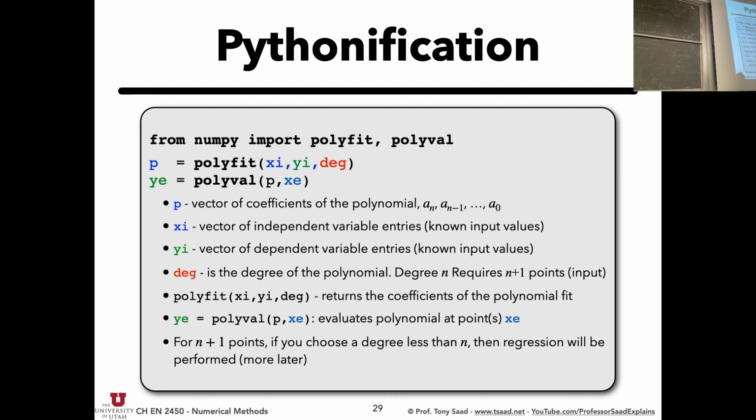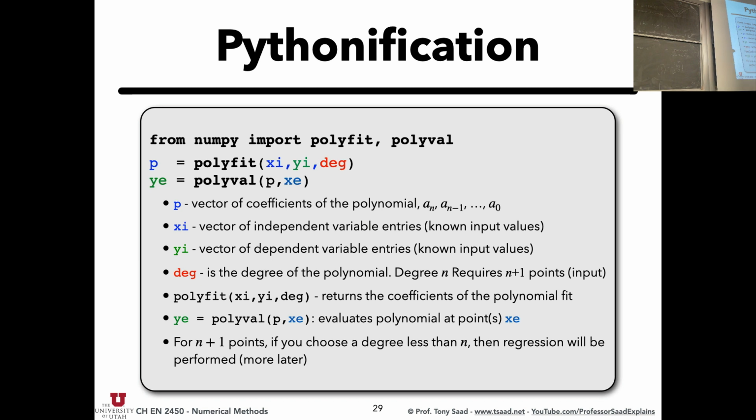Anything other than that is not going to do interpolation. It's going to do something called regression, which we will learn in the next chapter. But for now, you have 50 data points, you put degree equal 49. That is going to give you interpolation.